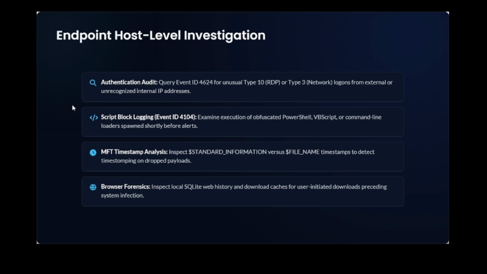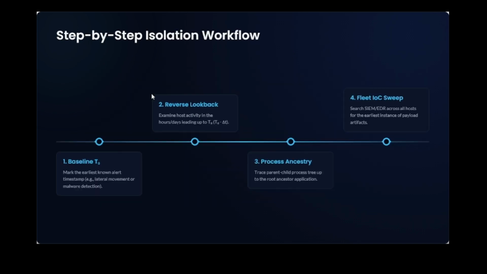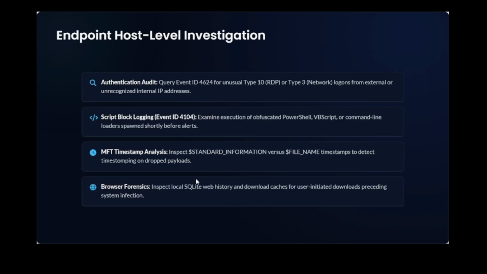That's important to bear in mind, these unrecognized internal IP addresses, because they may have another system on the network that they're using. And sometimes the internal IT staff doesn't know what's all running on their network. If you can spot something like that, that gives you a pretty good insight into what's going on.